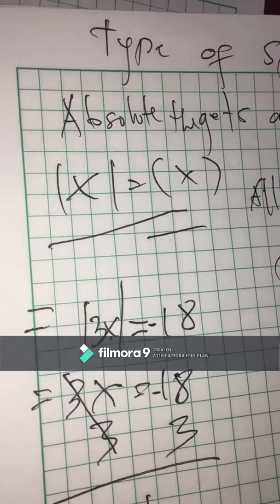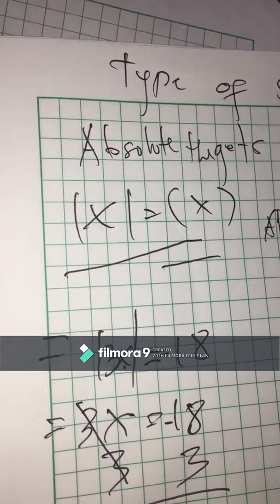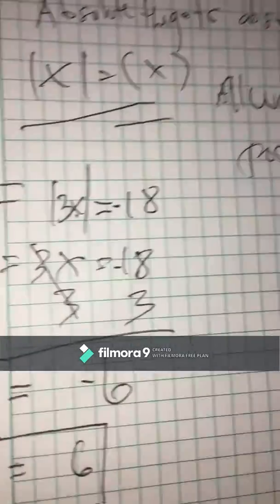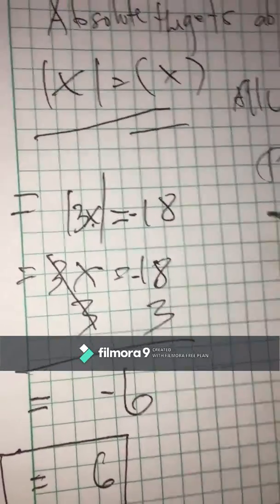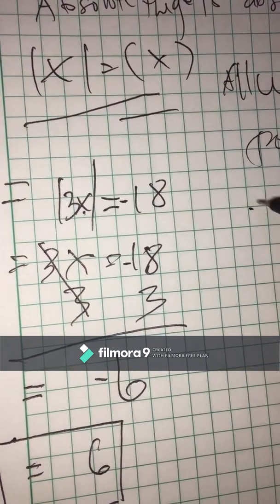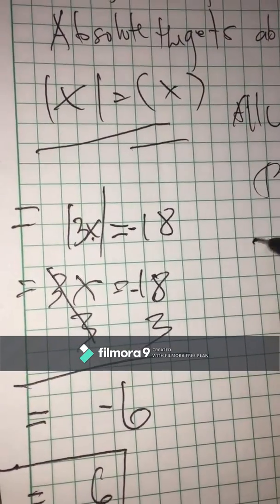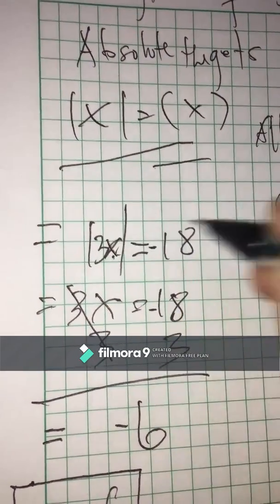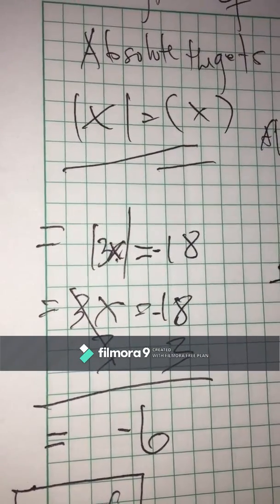Absolute value of 3x equals 18. And we're going to check if our answer is right. So let's go. All we have to do is change the x here to 6.